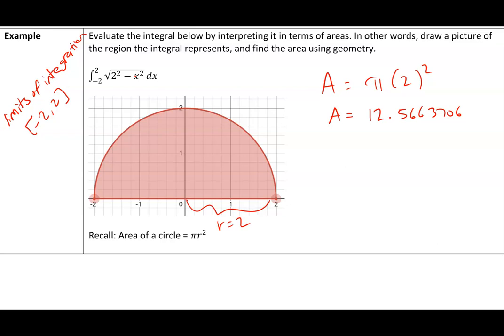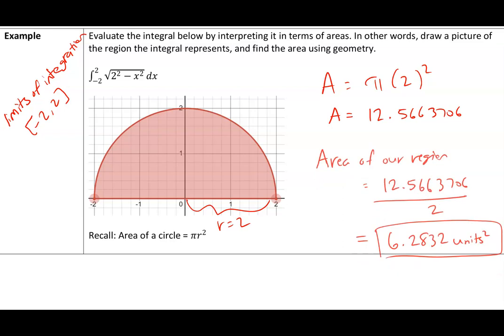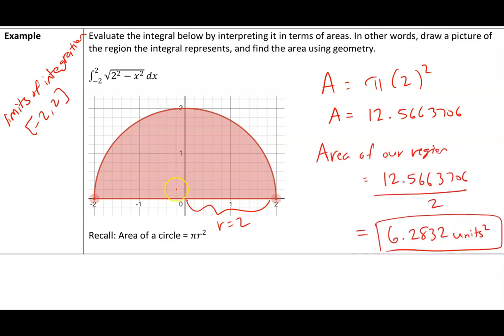So the area of the entire circle would be pi times r squared, because the radius is 2. Put this into a calculator, we get 12.5663706. But then we want to divide this by 2 because we just want the area of the semicircle, not the whole circle, and that'll be 6.2832 square units. Area is always in square units.